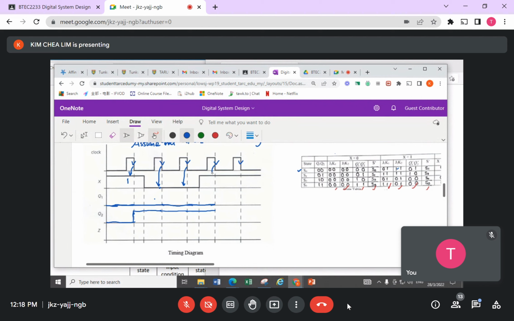Now X becomes a 1 here. You are at 0, 1 and X is a 1, so you go to 1, 0.